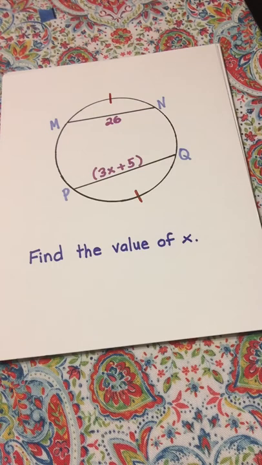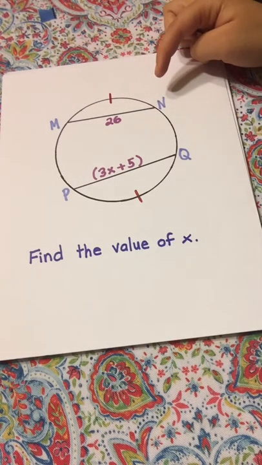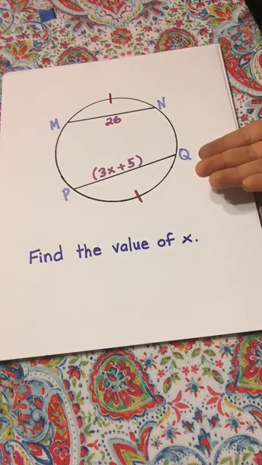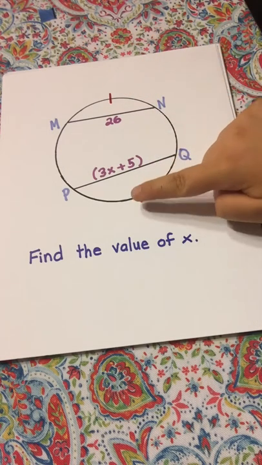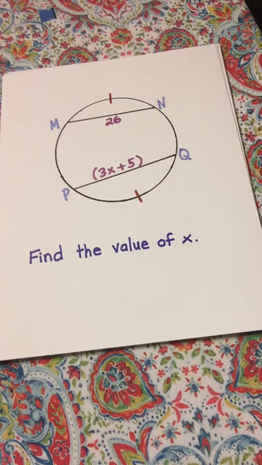So, using the converse of Theorem 11.2, we can say that arc MN is congruent to arc PQ. Then chord MN is congruent to chord PQ. So since we know this, we can write the equation.